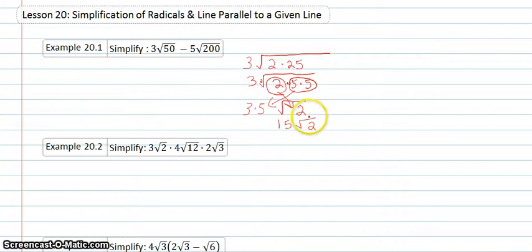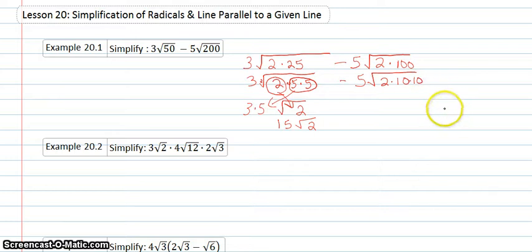Then we want to go ahead and simplify the other term. So we have minus 5 square roots, and I have 200, so that would be 2 times 100. And then I'll factor again, and this is 2 times 10 times 10.